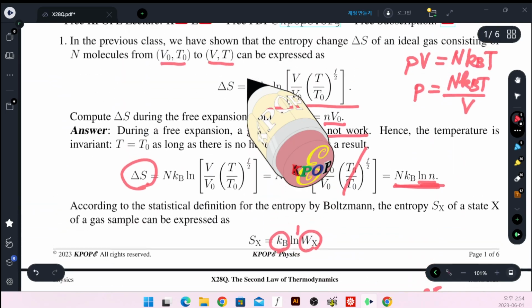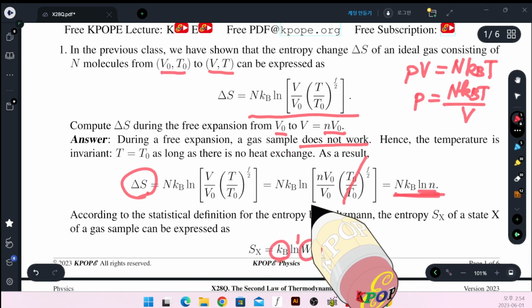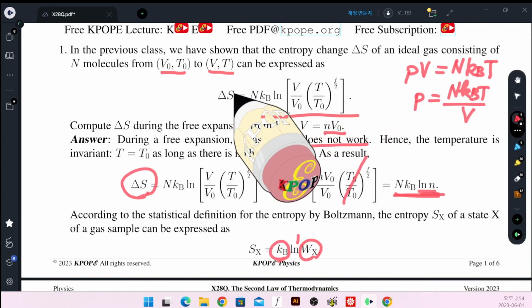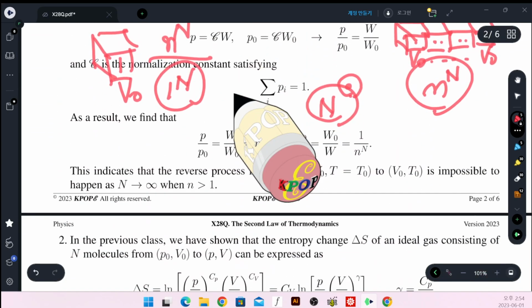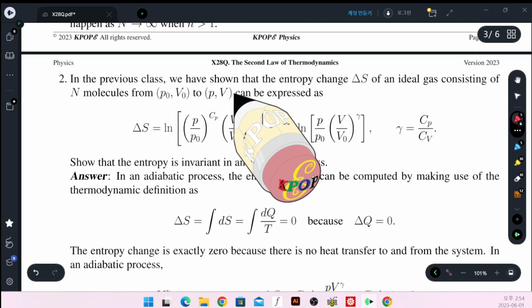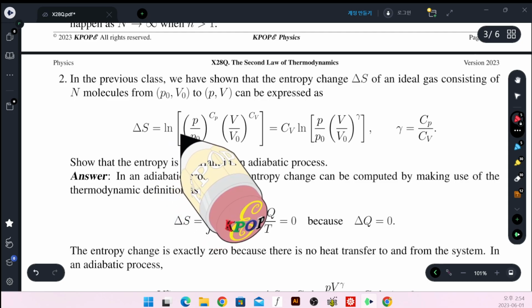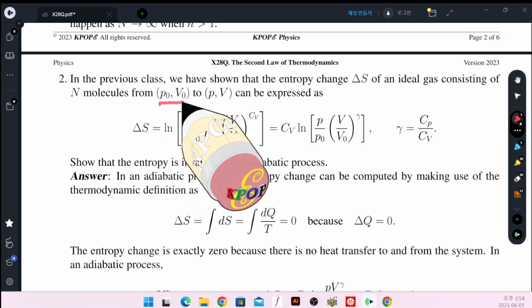Number 2: in the previous class we used the pressure and volume. In the previous page, we used the volume and temperature as independent variables to find the entropy change from the initial to the final state. Entropy change from the initial to final state can also be expressed in terms of pressure and volume.